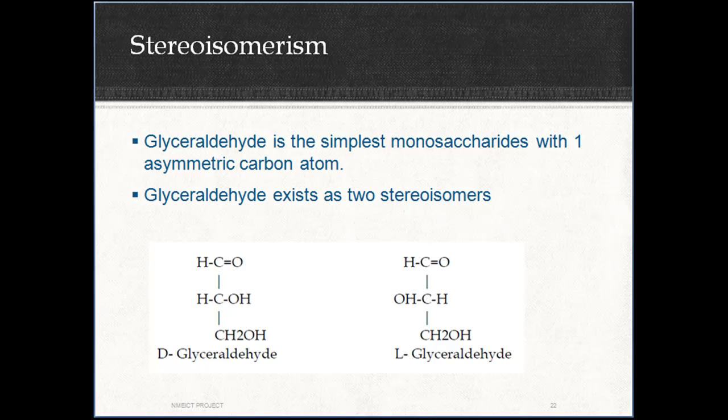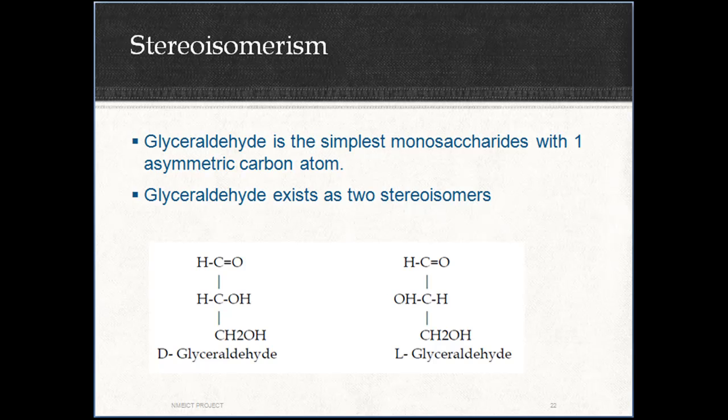The spatial arrangement of H and OH groups on the carbon atom that is adjacent to the terminal primary alcohol carbon determines whether the sugar is D or L isomer. If the OH is on the right side, the sugar is D type, and if it is on the left side, it is considered as L type. Naturally occurring monosaccharides in mammalian tissues are mostly of D configuration.